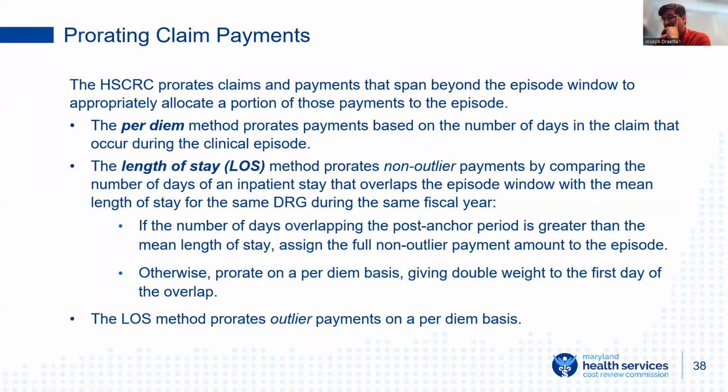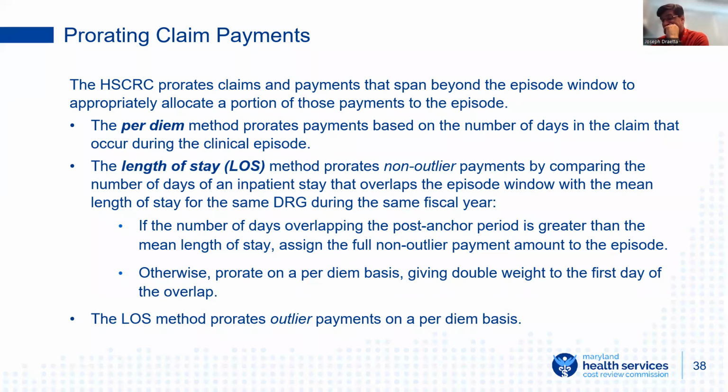So we said that we aggregate all of the claims that have dates of service that overlie the episode window. If a claim spans the end date, for example, of an episode, we do prorate those claim payments. So we're not going to apply the entire amount of that claim to the episode. Instead, we're going to take the portion of it that we can attribute to the episode and isolate that.